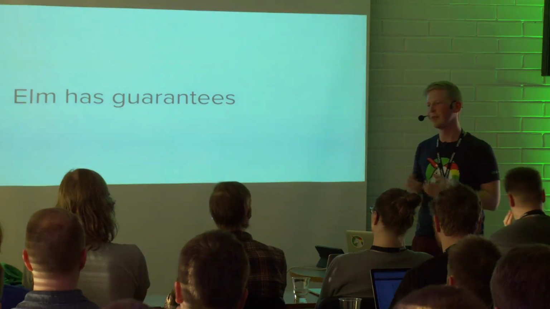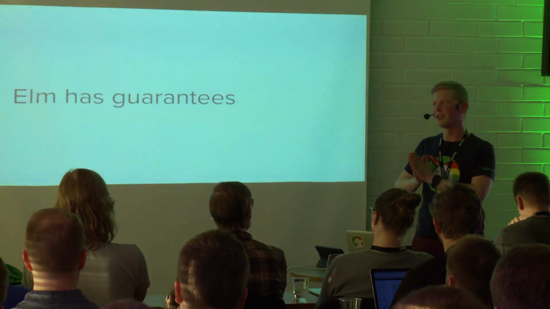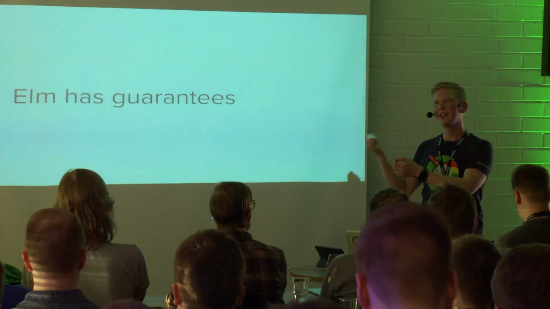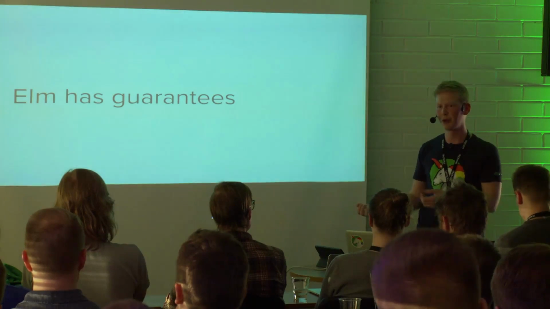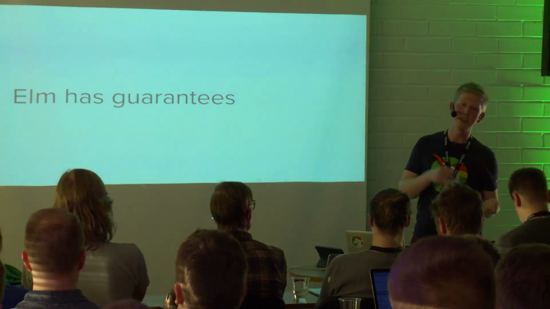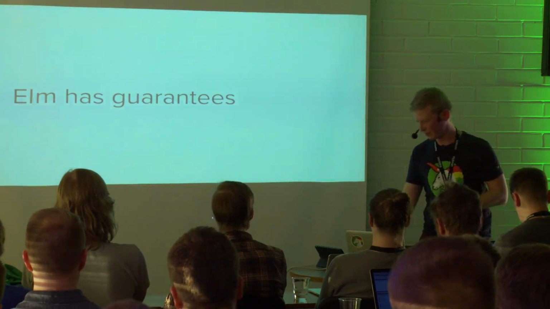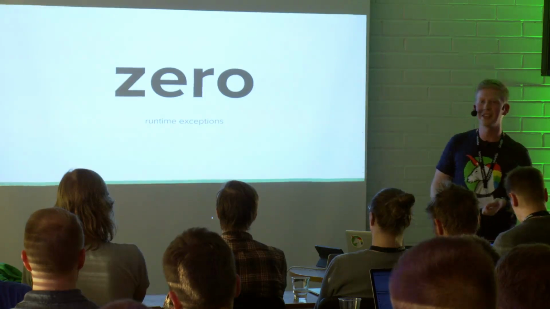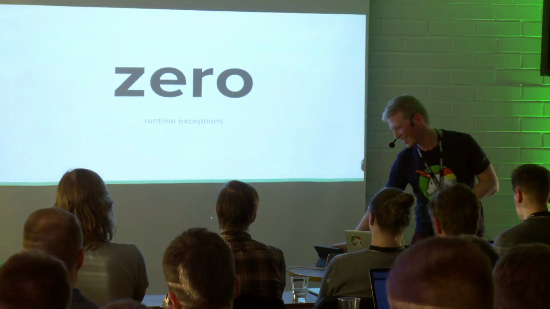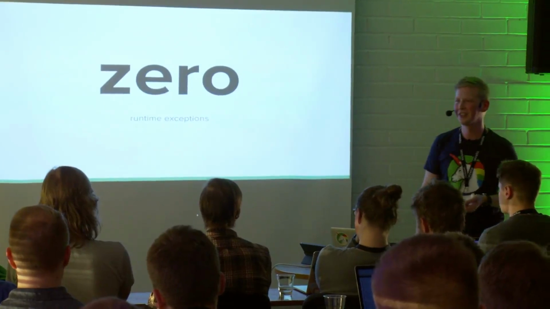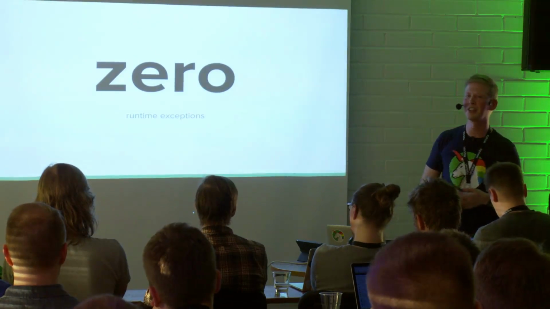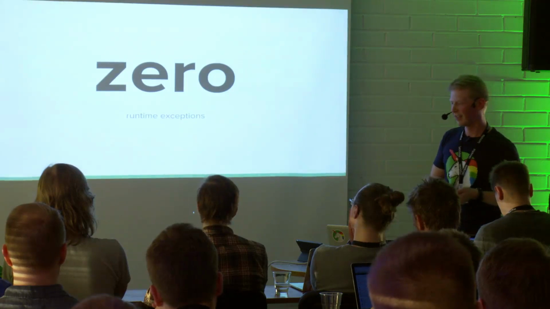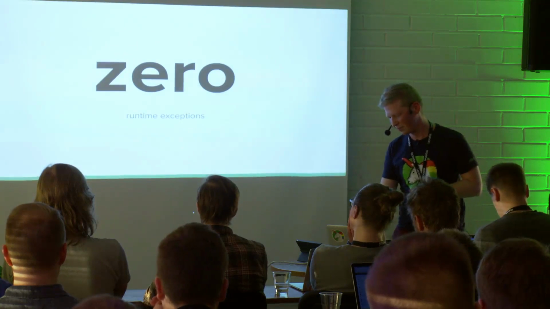Instead, you have a maybe type, so you need to provide something that the program can do if there is no value. So this is something that I think merits a slide in every single presentation. There's no runtime exceptions in your front-end code when you're using Elm.